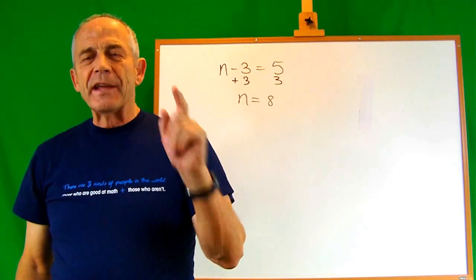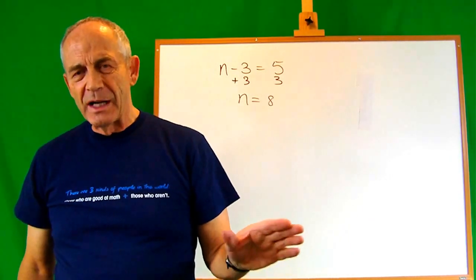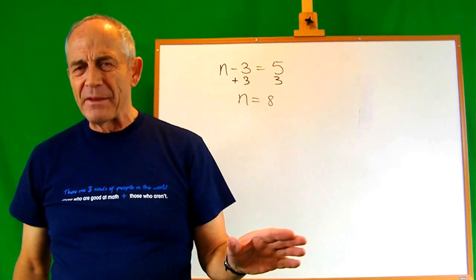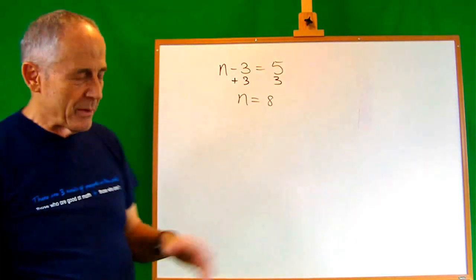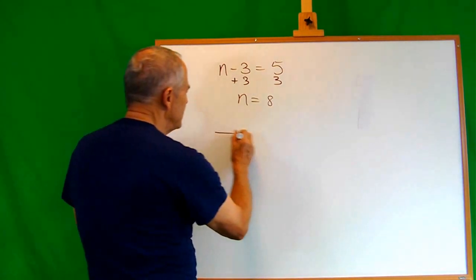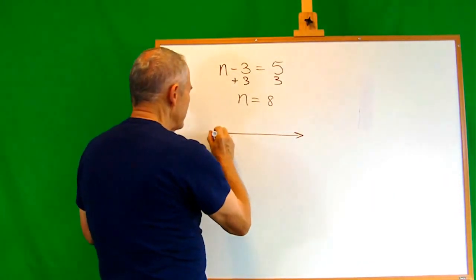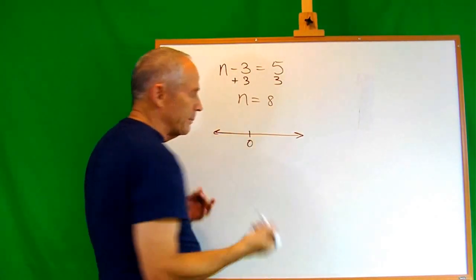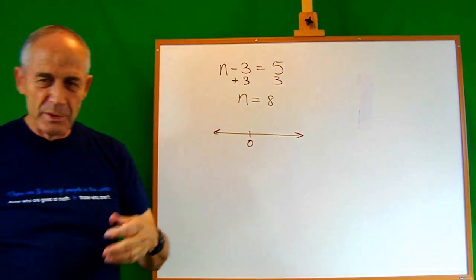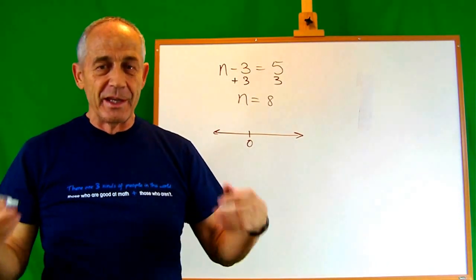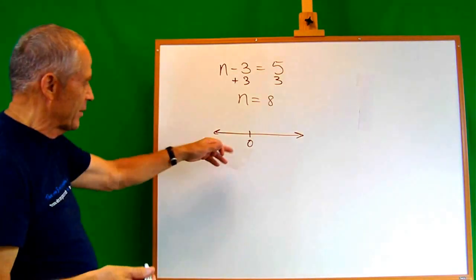Now, does anybody remember, we talked about this before, about how we graph that? You remember we had a number line, and we had a reference point on our number line, a beginning point, and because it was the beginning point, we called it the origin. Remember that, the origin?